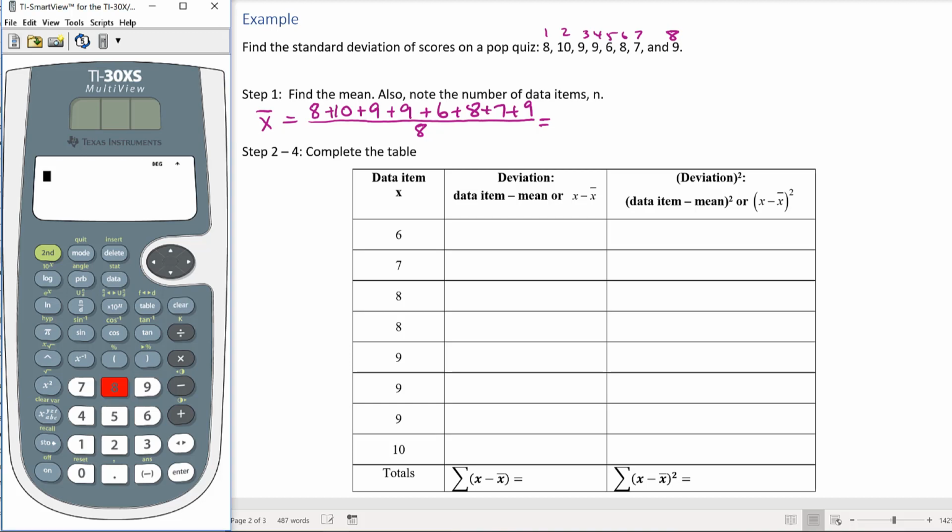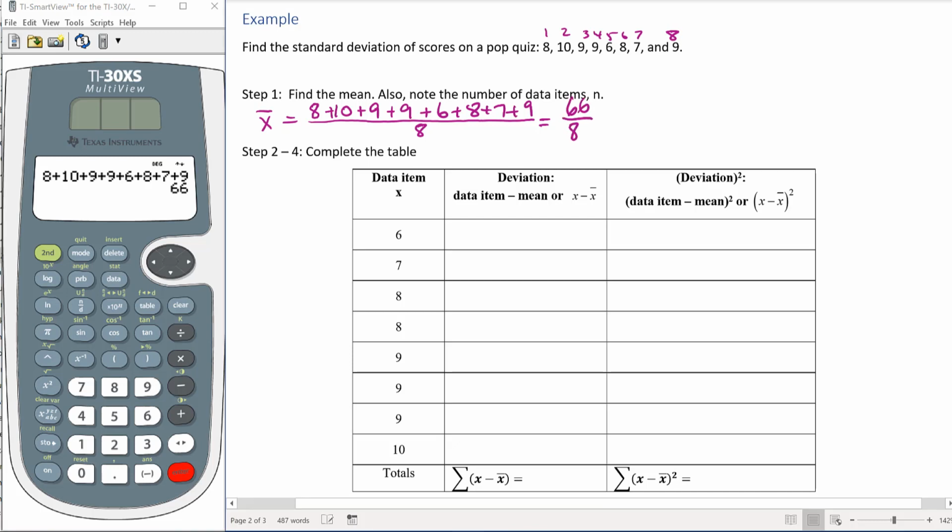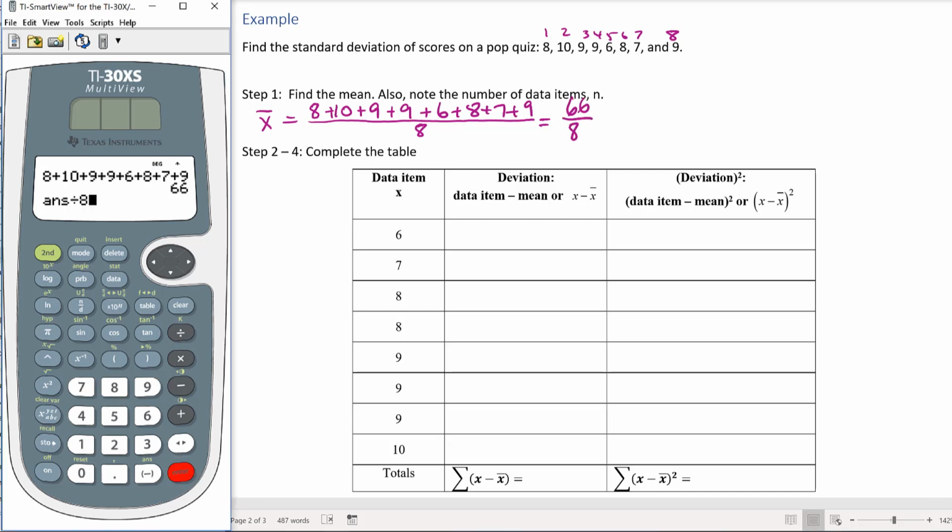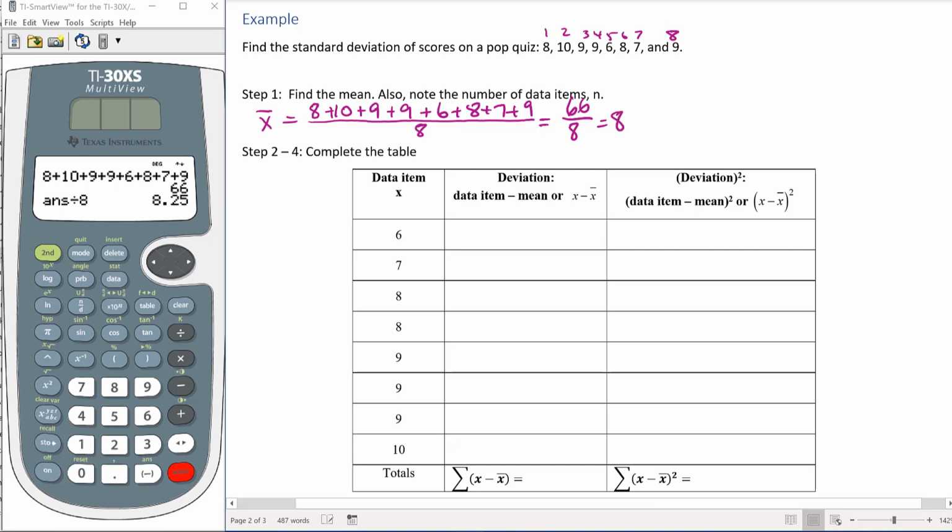So I'm going to use my calculator. 8 plus 10 plus 9 plus 9 plus 6 plus 8 plus 7 plus 9. That gets me 66. And I'm going to divide that by 8, which is 8.25. So x bar is 8.25.